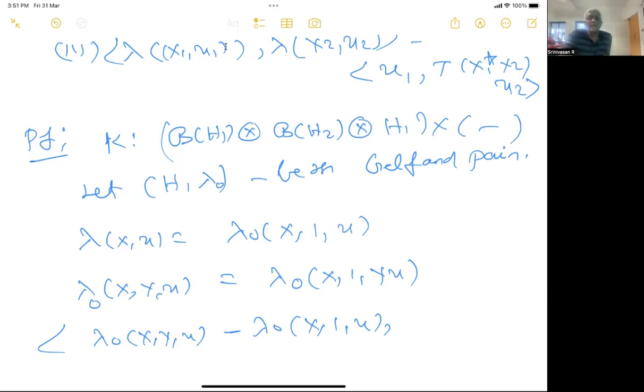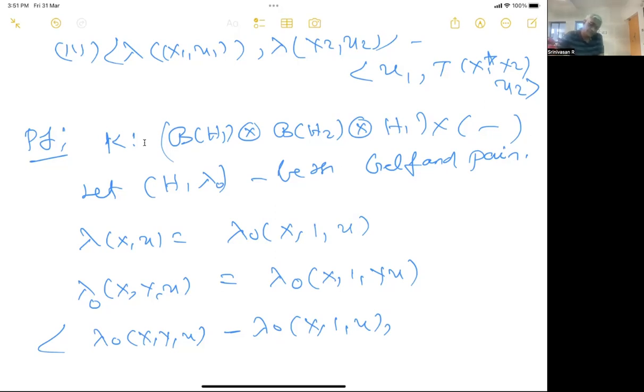I've written H1 tensor H1 here, where H1 and H2 are interchanged. Oh, there it should be H2. I'm sorry.